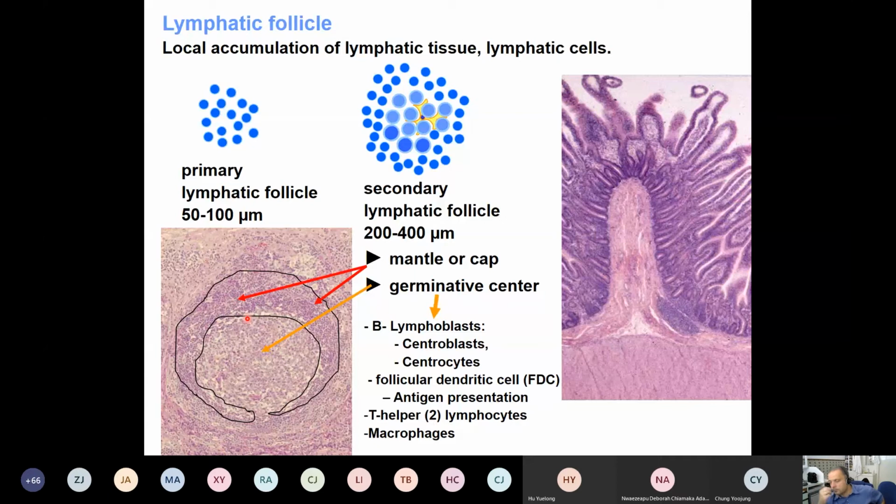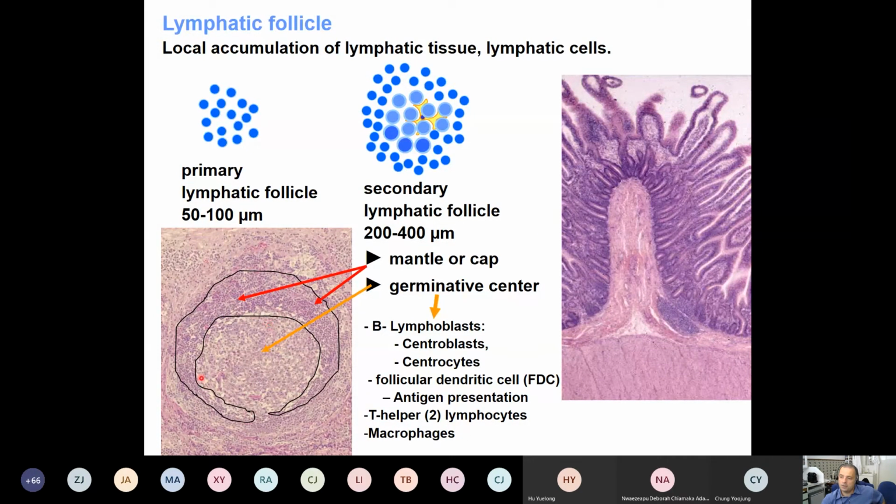During this B lymphocyte maturation, partly the B lymphocytes will degenerate, will undergo apoptosis, and die. The dying B lymphocytes, which are eliminated by apoptosis, have to disappear, and the apoptotic remnants are removed by the macrophages, also present in the germinative center.